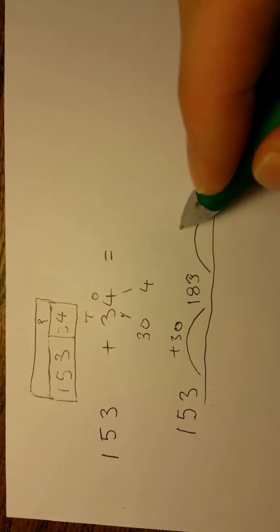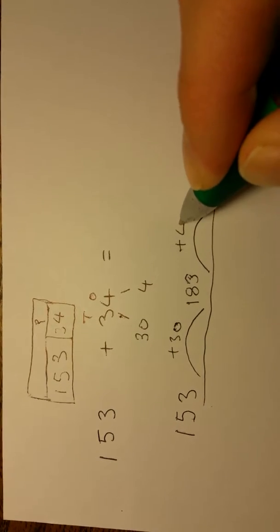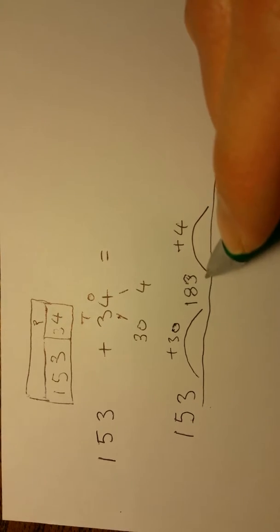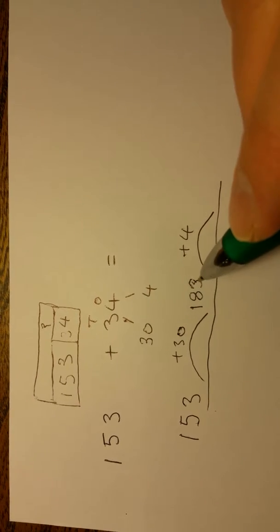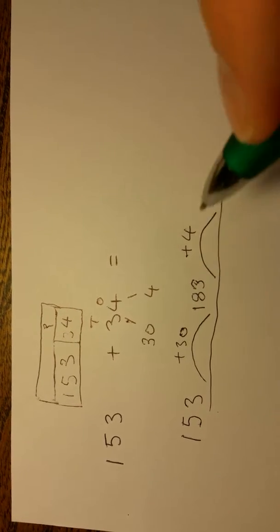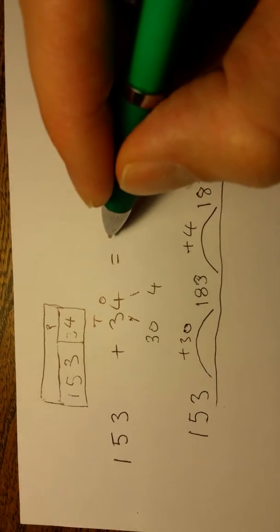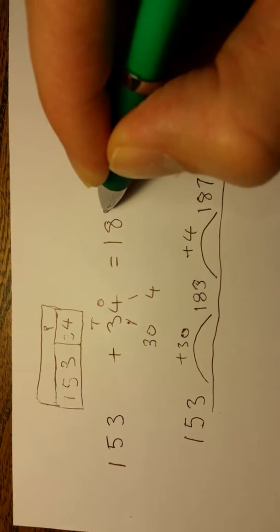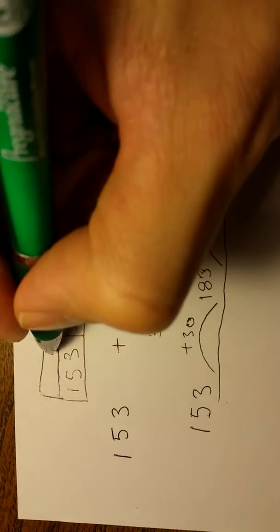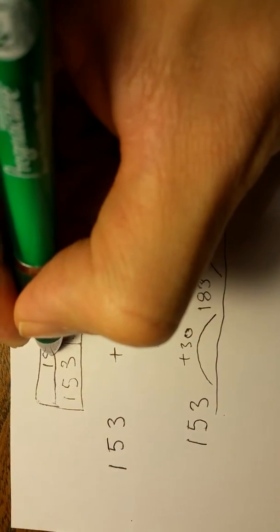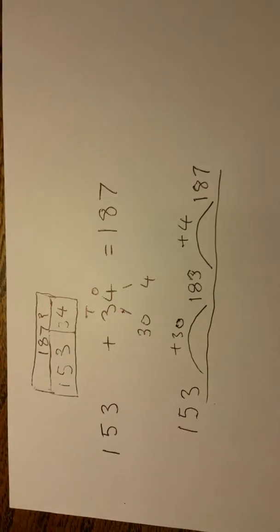Now I have to add on my 4. So I just count on 4 from my new total. So that's 184, 185, 186, 187. And I can write my answer up here, 187. And so we know this bar here is worth 187.